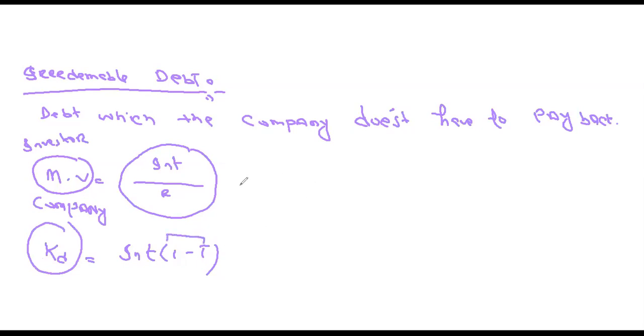Done. Now, if we want to calculate R, the formula is interest over market value. Are any of you still confused, or should I move on?